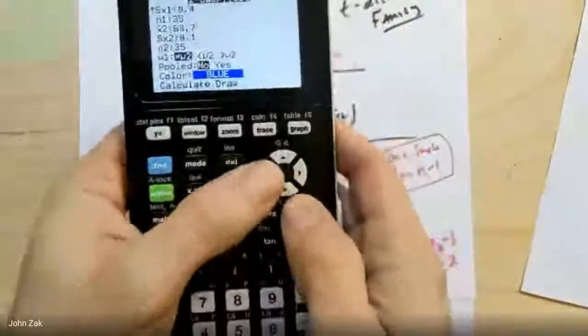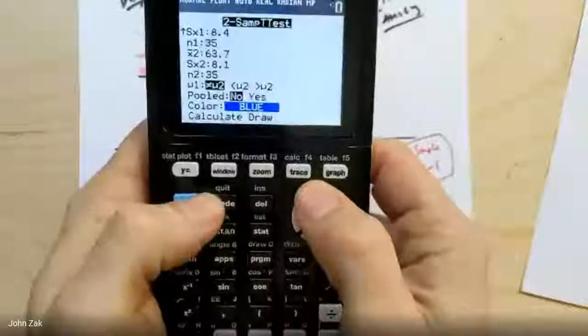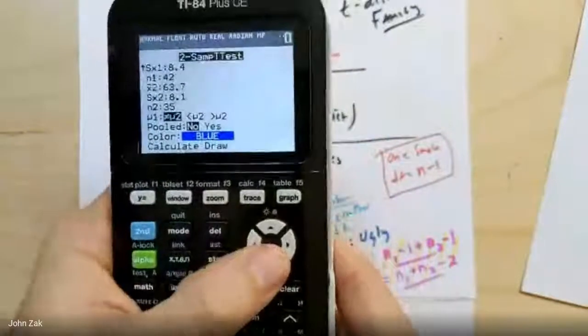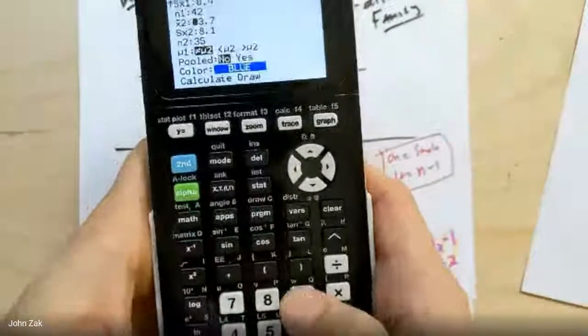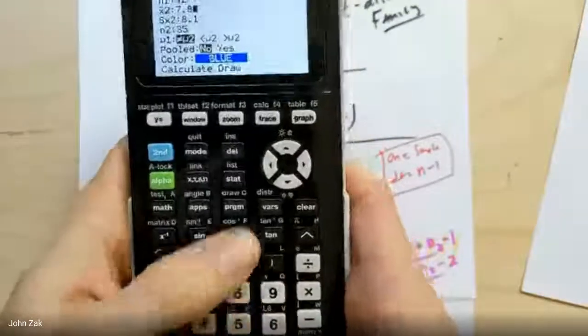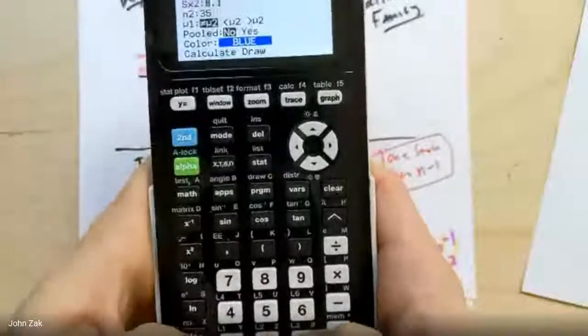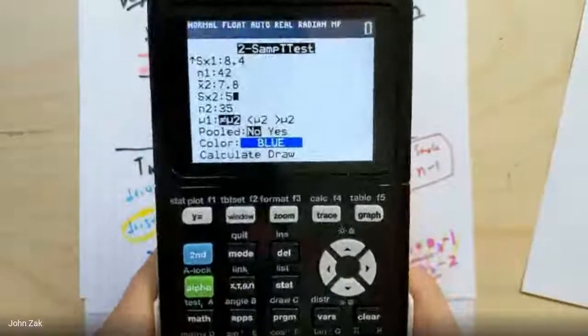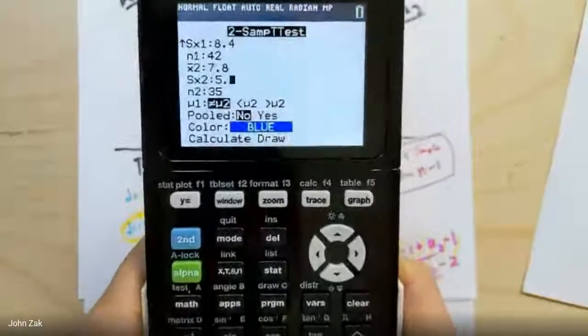So if I made up, for instance, some statistics, let's say I sampled, what did I say here? I said 42 seniors. And let's say the average weight of their bags was something like 7.8 pounds. And the standard deviation was something like, let's say it was really heavily skewed to the right. So maybe like 5.2 pounds.